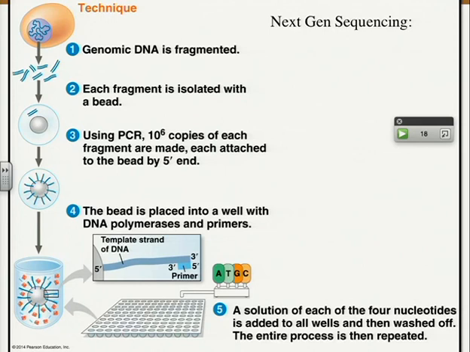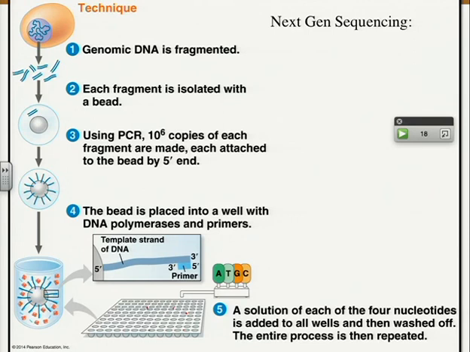The pyrophosphate is released. The machine that's doing the sequencing is going to detect the pyrophosphate release. So if an A was the next nucleotide in however many of these wells, they will give a signal that's detecting the pyrophosphate. Then, of course, C is added, and G is added, and T is added.